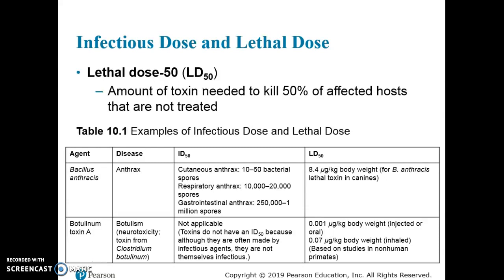You are paralyzed by not being able to move, and that includes your diaphragm. All right, and then if it's inhaled, all right, 0.07, a little higher, but still, a microgram is 10 to the minus 6th gram. So that's not a lot, and this is based on non-human primates. All right, this can be done. It was done legally, but there's still going to be a lot of regulation in that process.